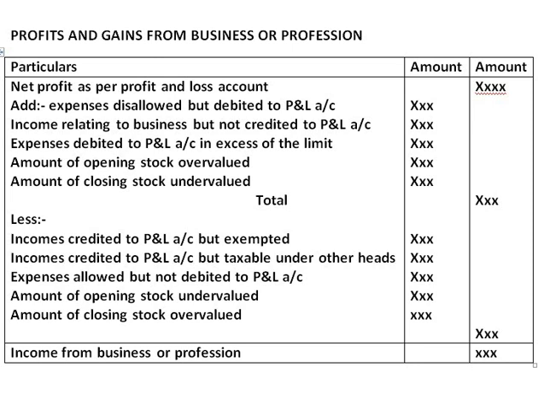Second thing you need to add to net profit is income relating to business but not credited to P&L account. Sometimes, by mistake, income which is related to business is not shown on the credit side of P&L account.